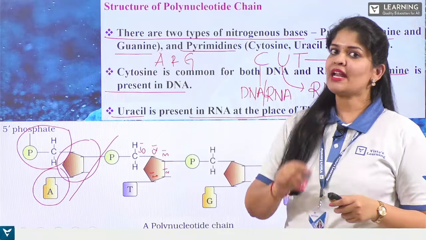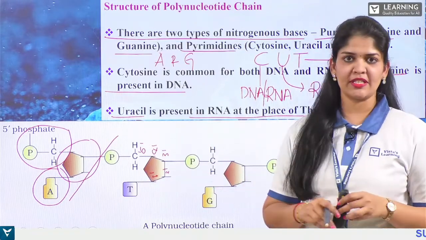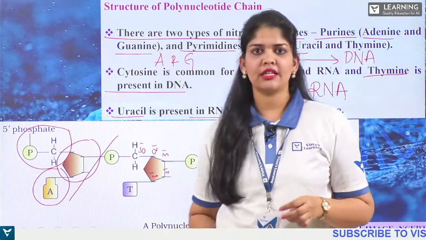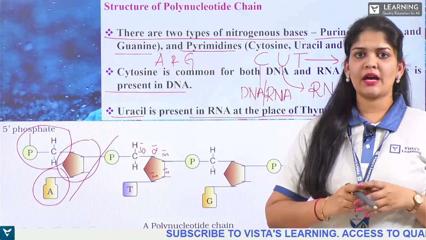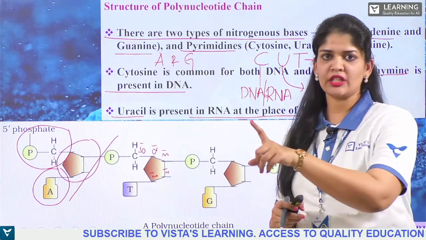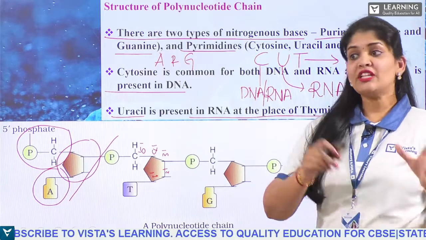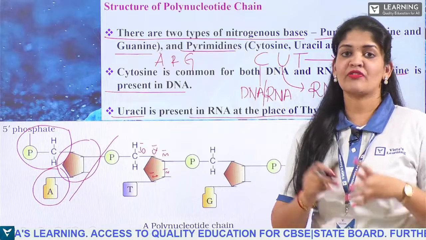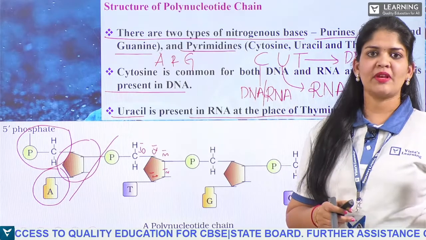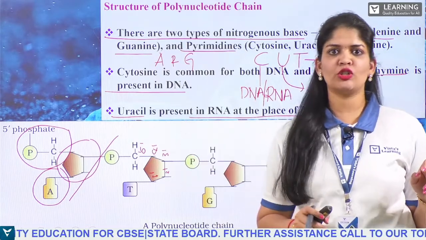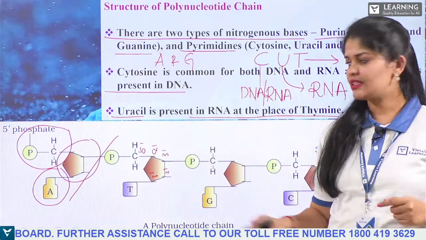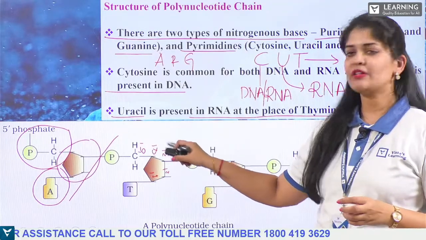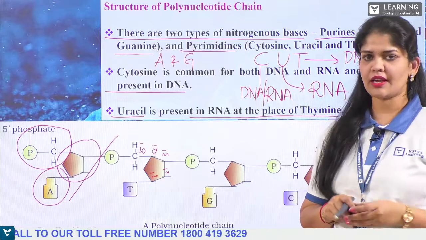Because the carbon atoms are also present in the nitrogen bases like thymine, adenine, guanine, cytosine, uracil, we name them as carbon 1, 2, 3, 4. To differentiate the numbering of the carbons in the nitrogen bases and in the sugar, for the sugar carbons we give a prime. That is 1 prime, 2 prime, 3 prime, 4 prime, 5 prime.